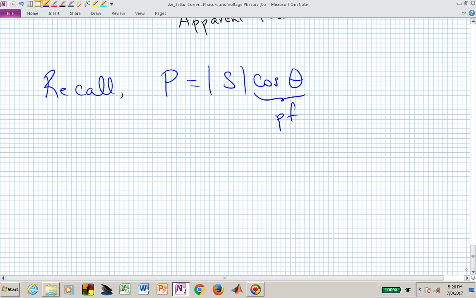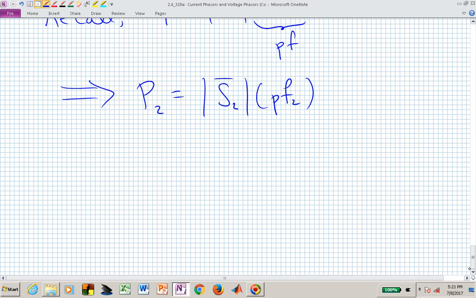That's in general. So for us, we can apply that to load 2 and say P sub 2 is the magnitude of the complex power for load 2 times the power factor of load 2. And if that doesn't help any, remember what we have. We know this, and we know this, which means that we can find what this angle is because we know we are dealing with a right triangle.